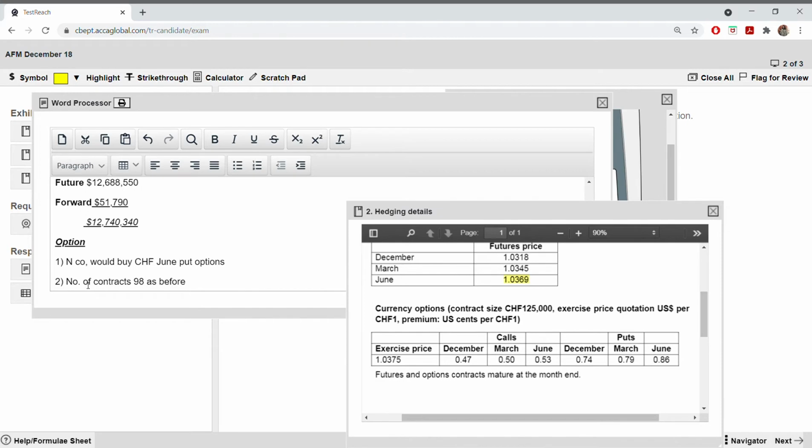Here, if you are using 98 contracts, that means definitely the whole amount you cannot hedge, the 12.3 million. So here also the amount not hedged will be hedged by using forward as before.